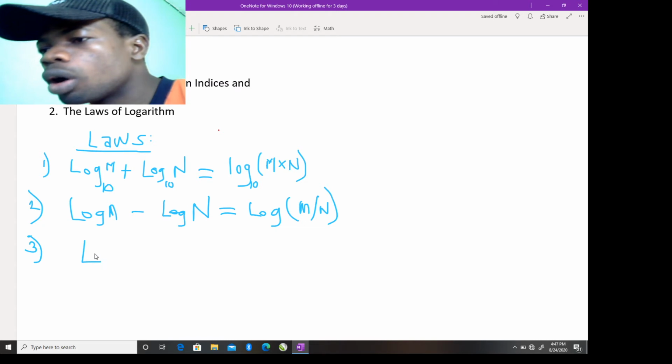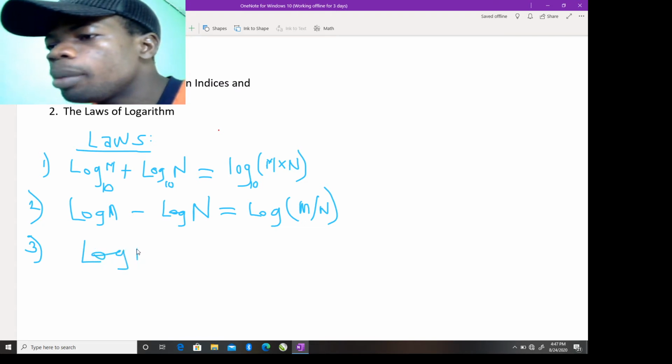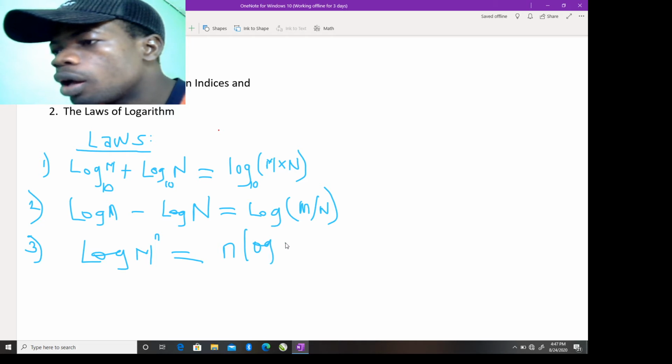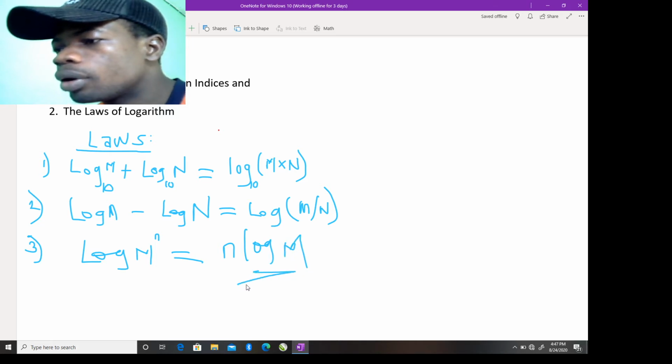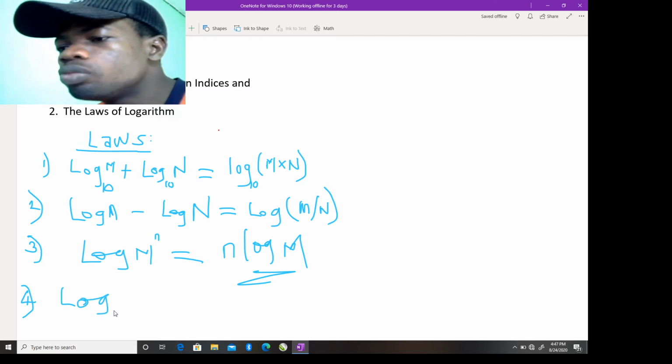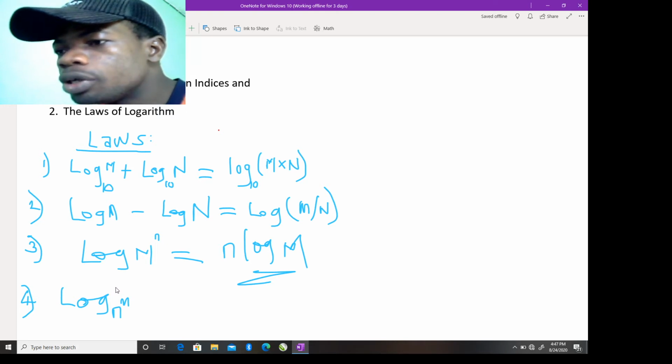Then 3, if you have log m raised to power n, this is equal to n log m, because the power of your log can come to the back. 4, if you have log n raised to power m, the log is probably j.